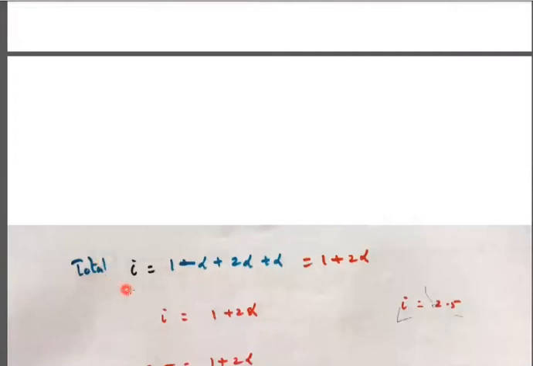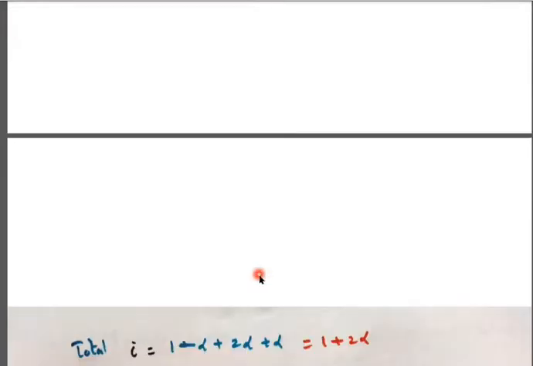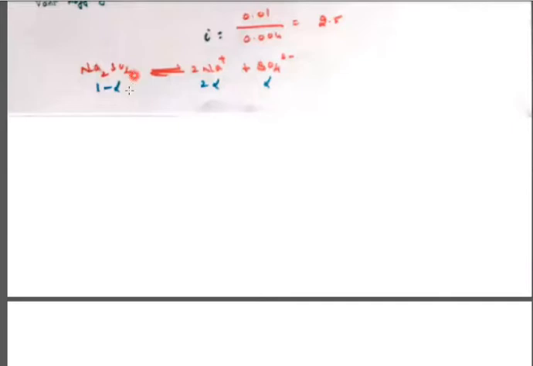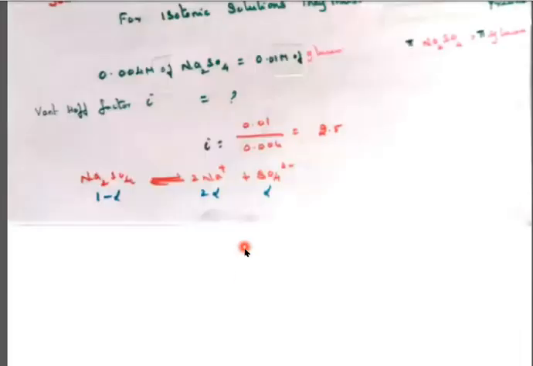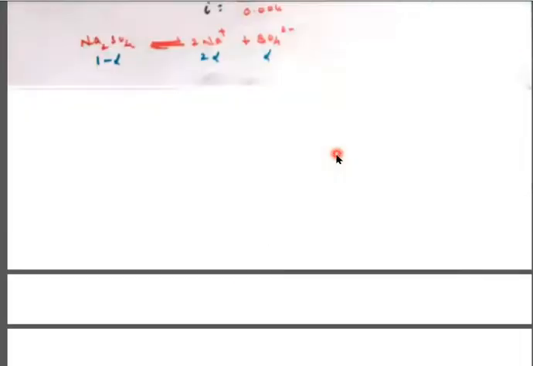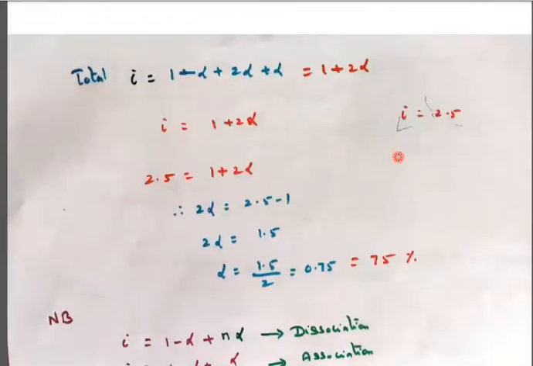Adding all this to find the van't Hoff factor: 1 minus alpha plus 2 alpha plus alpha. Minus alpha and plus alpha get cancelled, so we get 1 plus 2 alpha. So i is equal to 1 plus 2 alpha. We already found i is 2.5.